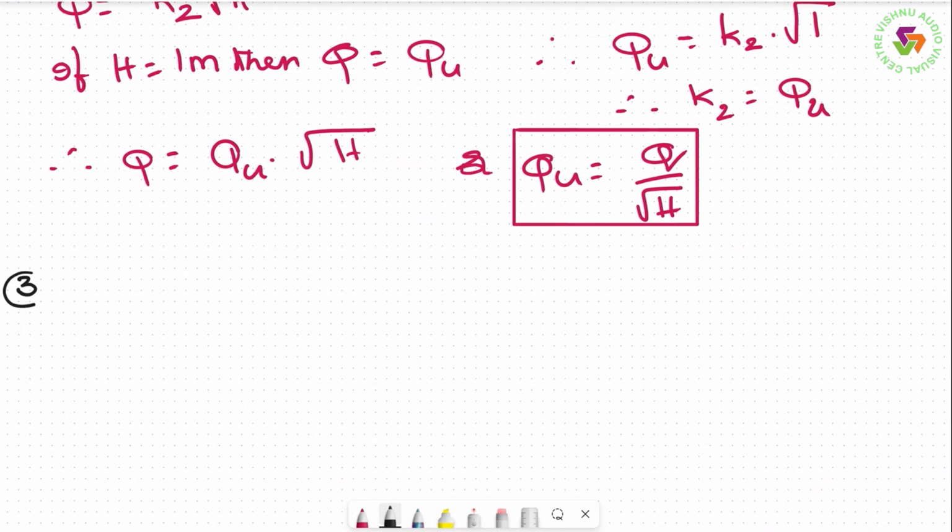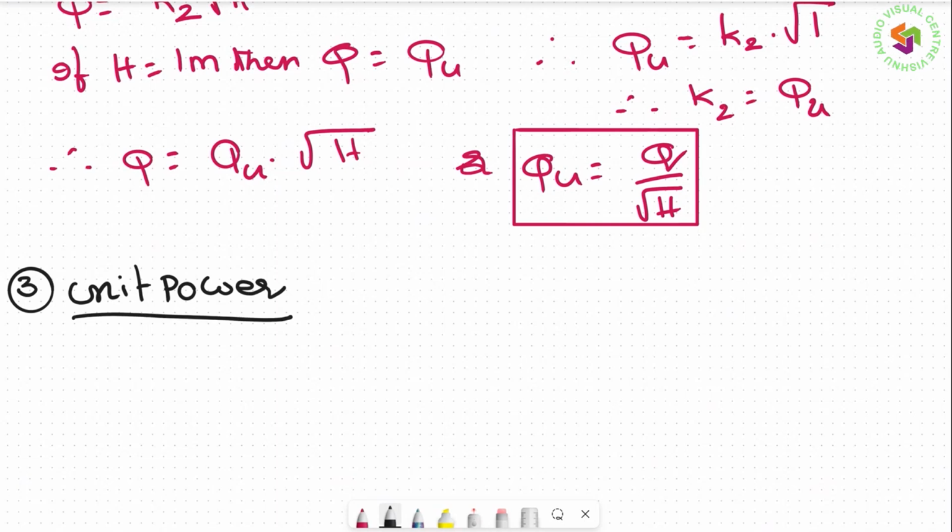Be fast actually. Third one is what is unit power. What is unit power? Unit power is the power developed by the turbine when a head of 1 meter is acting on it. So this is again H is equal to head acting on turbine.